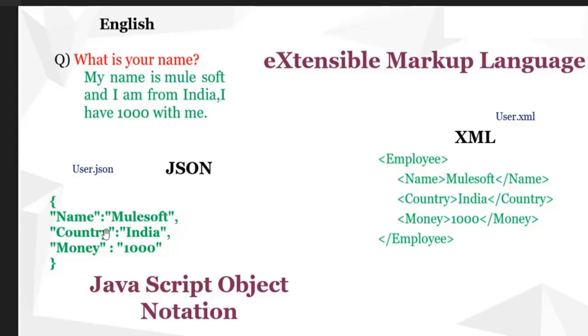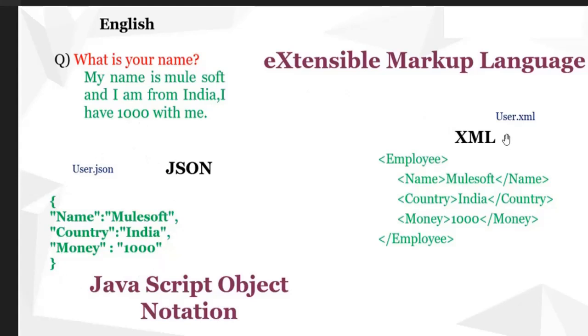Then the next question and answer in the form of key value, then a comma, then the next key value. If it is the last key and value, you should not put a comma, as per the JSON syntax. For each and every key value you put a comma at the end, and if it is the last value, you should not put a comma. This is the syntax of JSON, and in this way you can represent any data in the JSON format.